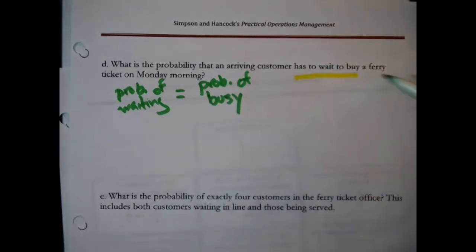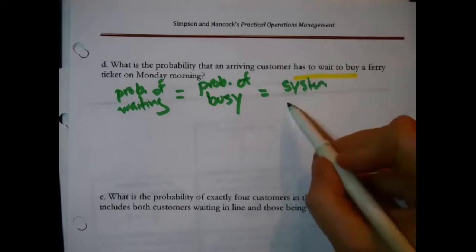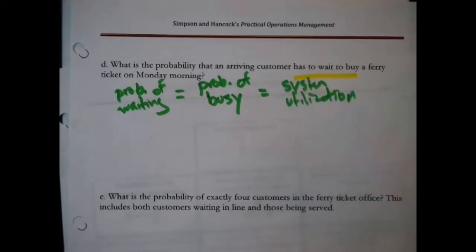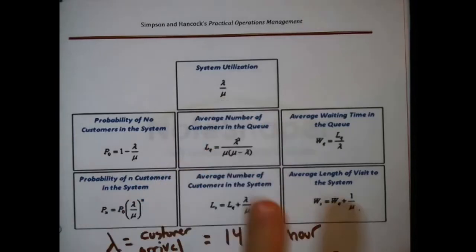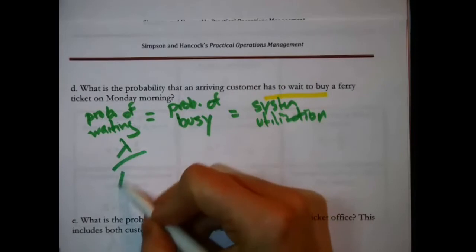That is known more formally as system utilization. The proportion of time that the ticket agent is busy is very easy to calculate. It's the system utilization, and in order to determine that, the only thing we have to do is say lambda divided by mu.